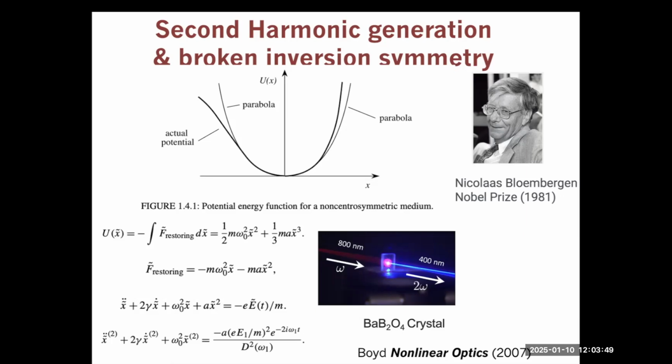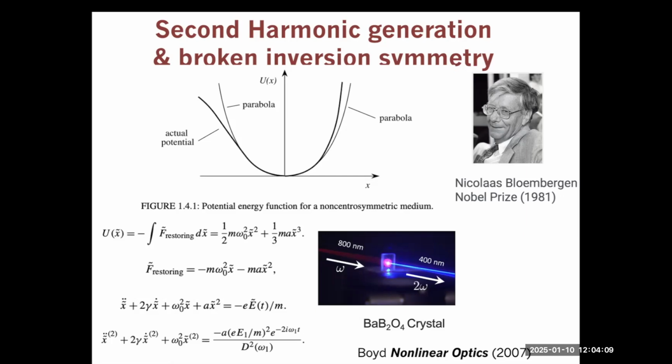So this is the restoring force of the electron. This is the spring force in the linear term, but then you also have the quadratic term from this cubic term. And this is F equals ma, the motion of the electron. So this is the acceleration, and these two are the restoring force.